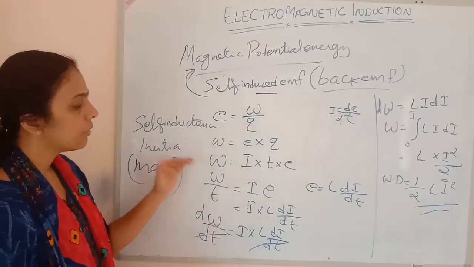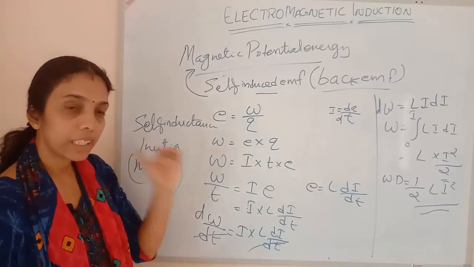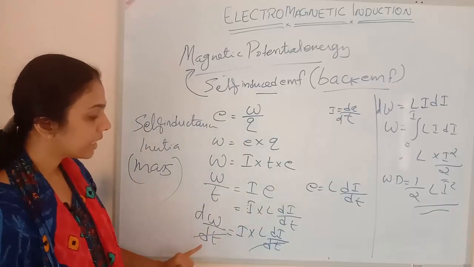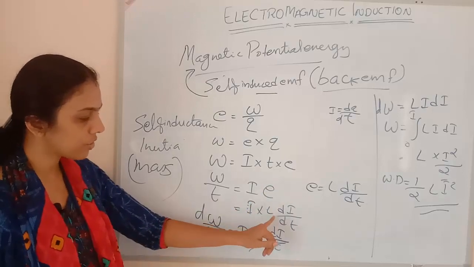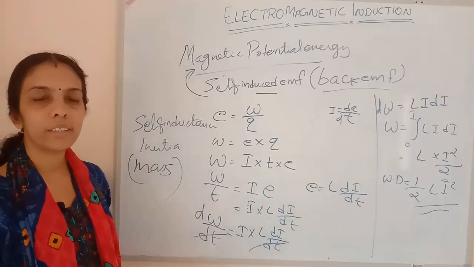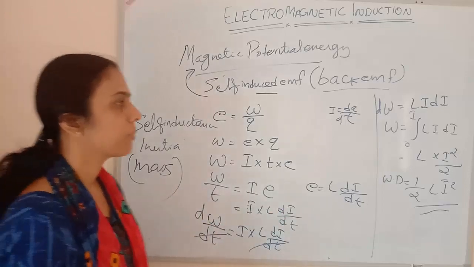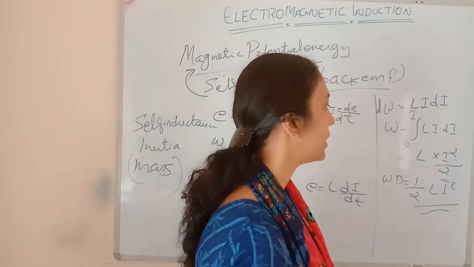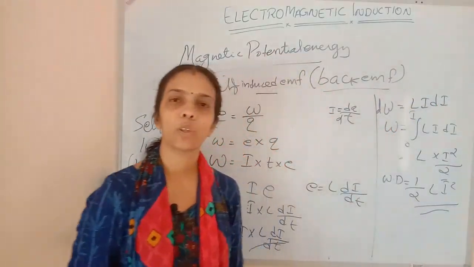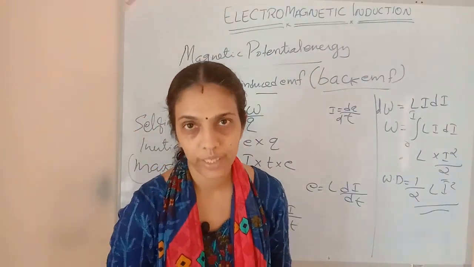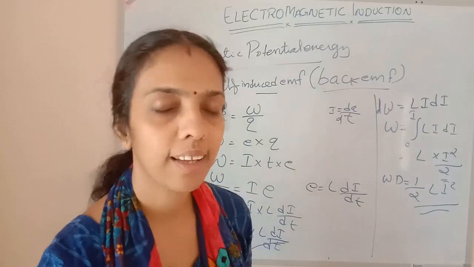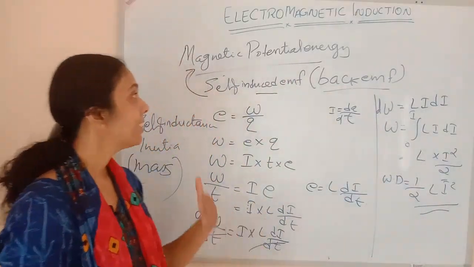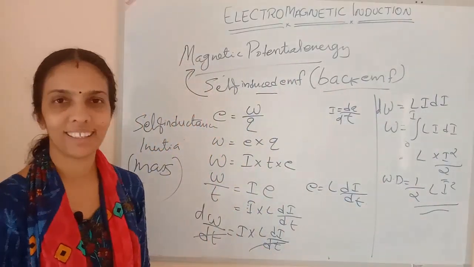For a small interval of time, dw by dt is equal to I into E. Instead of E we can write L into di by dt. So we will get L into I into di, that is work done, which will be equal to half L I square. This will be stored as, sorry, magnetic potential energy.